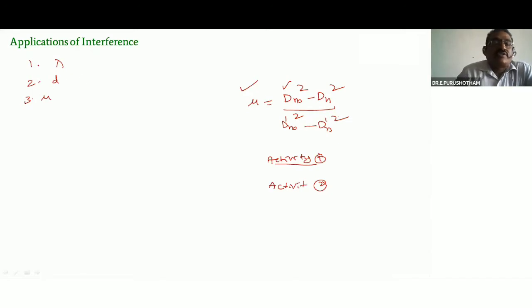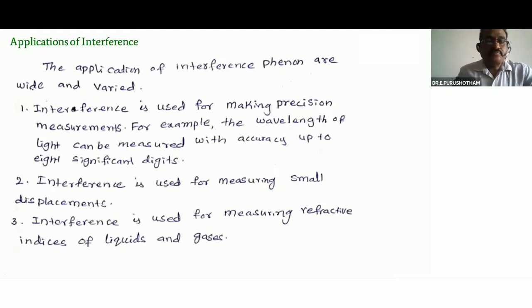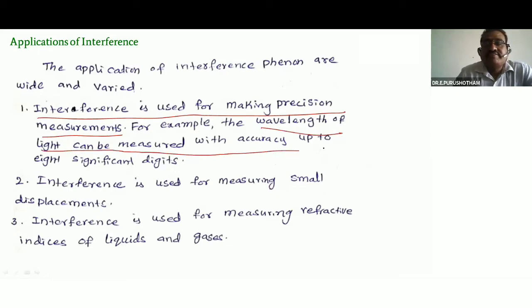From this relation we can calculate the refractive index mu. Interference is used for measuring refractive indices of liquids and gases. You can see here, applications of interference. Interference is used for making precision measurements. For example, the wavelength of light can be measured with accuracy up to 8.